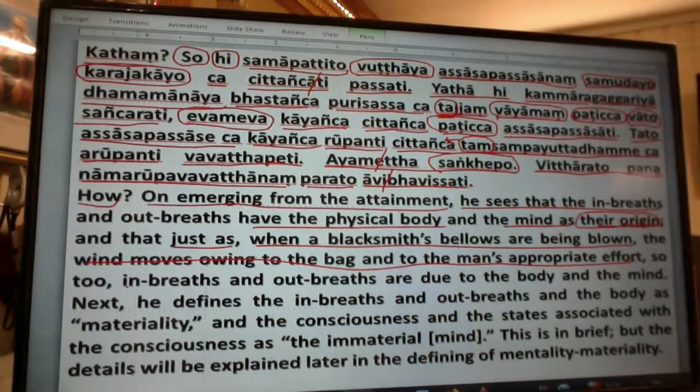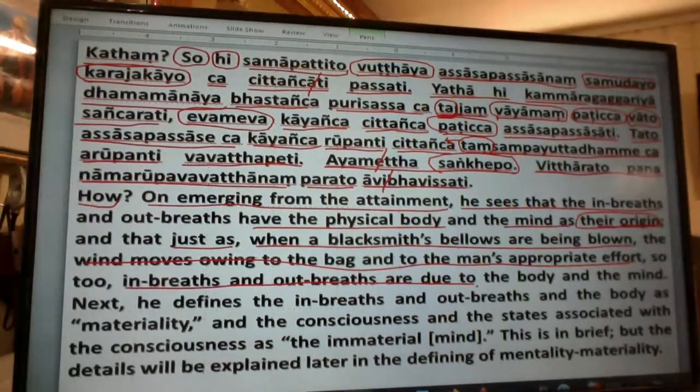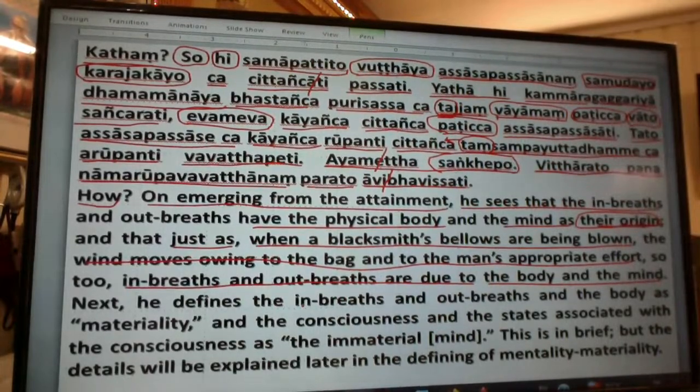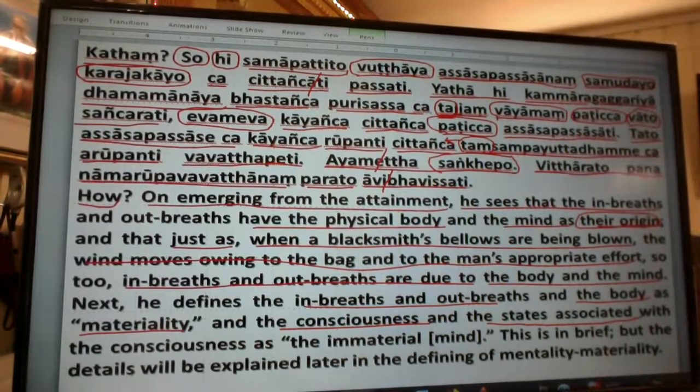Very similarly, for the meditator, in-breath and out-breath are due to the body and mind. Next, in defining and analysing in-breath and out-breath, the body is materiality, rupa, and the consciousness together with the states associated with it is immaterial mentality, nama.